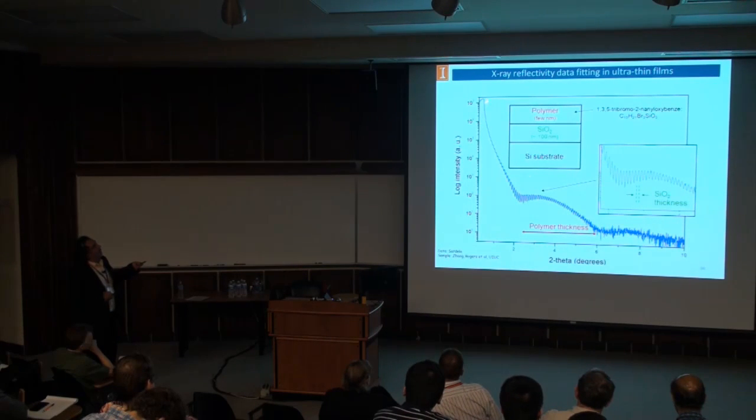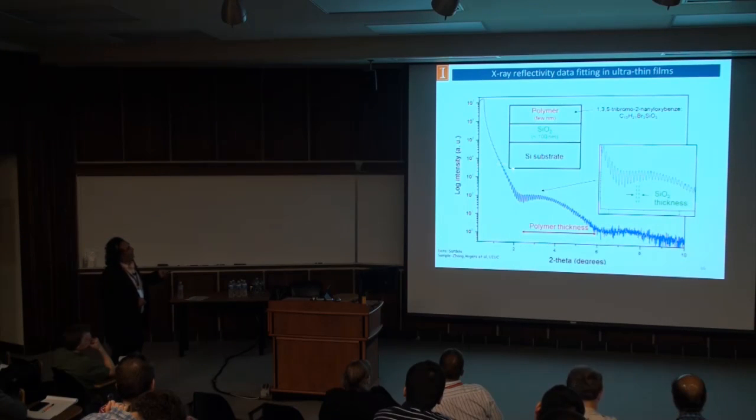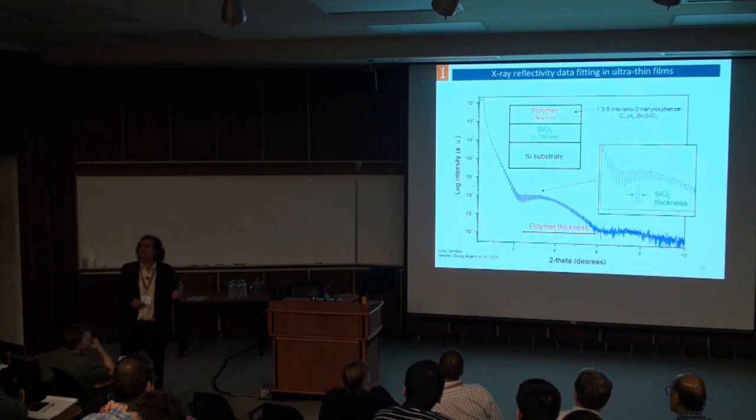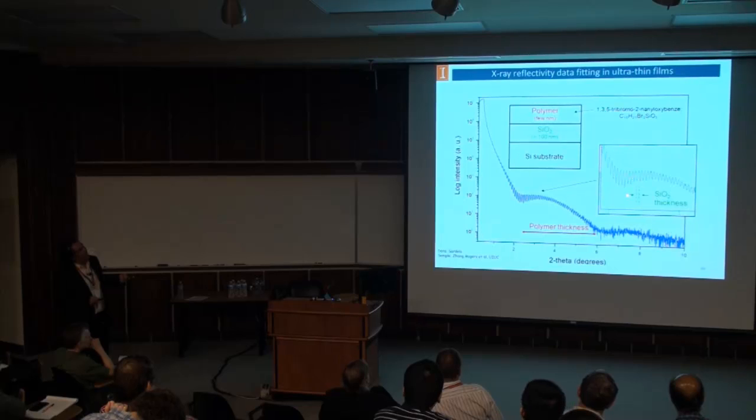Now, depending on the slope of this curve, you can tell about the roughness. The faster this drops, the rougher the material is. Also, you get these envelopes or fringes that tell you about the thickness, and that's why the technique became popular. In this case, you get two envelopes, one with very little fringes and one with a big hump there. One is related to the oxide thickness, and this big lump is the polymer thickness.